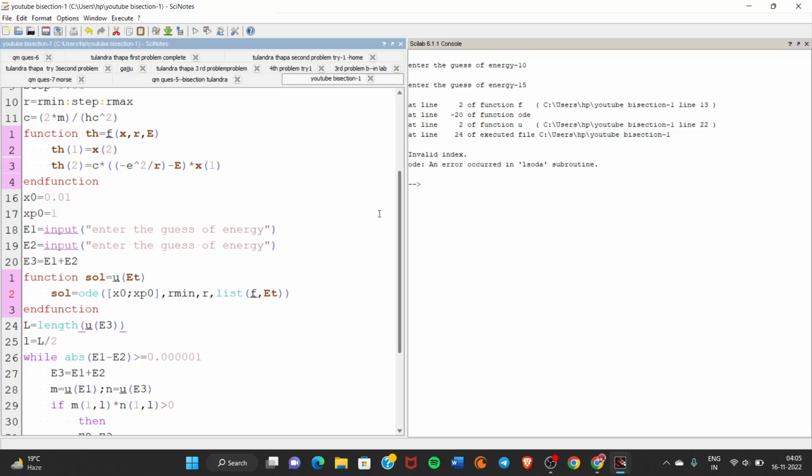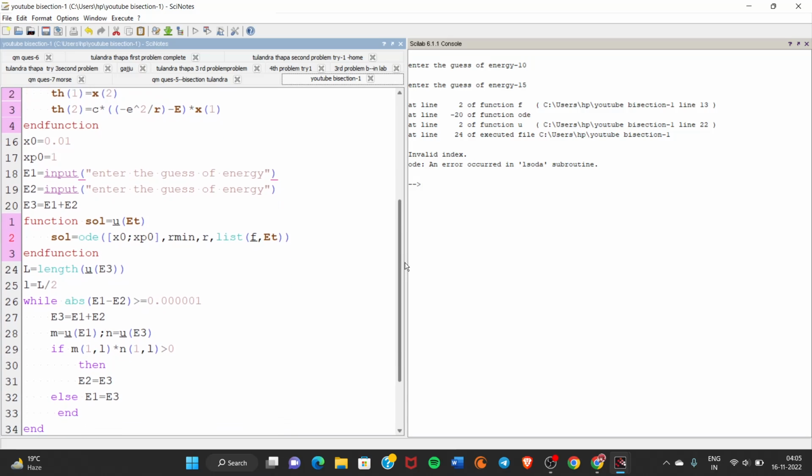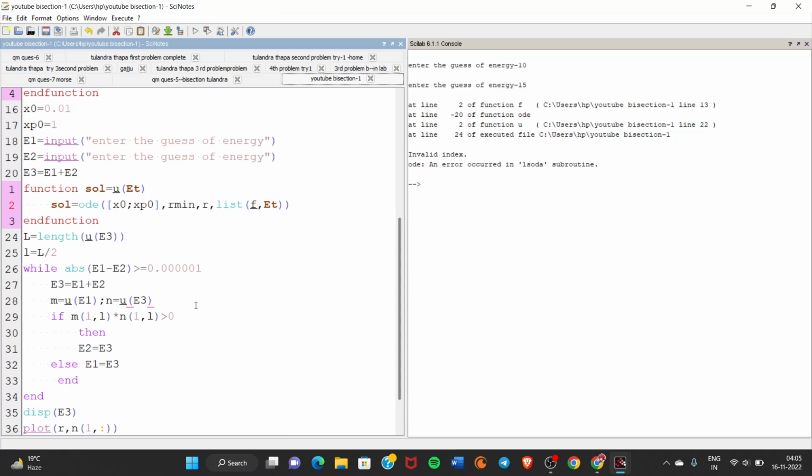This should be smaller than 0, I suppose. This should be smaller than 0, because I wrote this down: if it comes negative, then this means that these are our new values and E2 has to be replaced by E3.